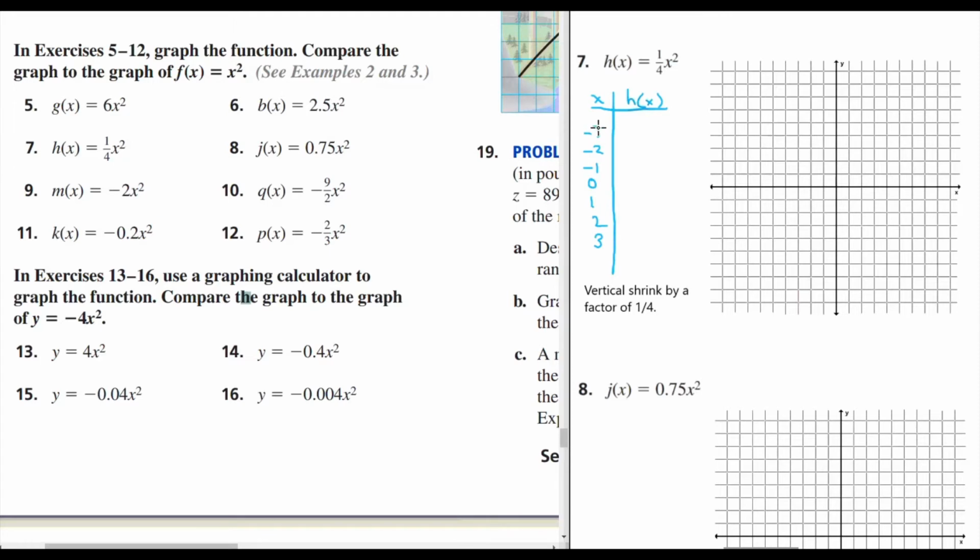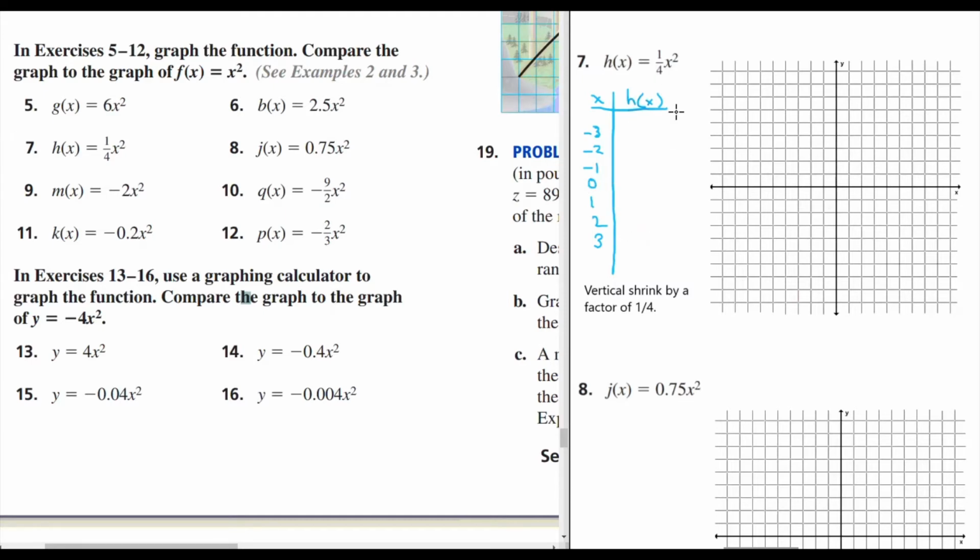Now, the y coordinates, the h of x values I expect to get out, are all going to be 1/4 as big as the parent function y coordinates, which makes sense because we're inputting the same x coordinates that I input into the parent function in my lesson video, and then we're going to multiply all of those by 1/4. So all of these are just going to be 1/4 as big as the parent function values.